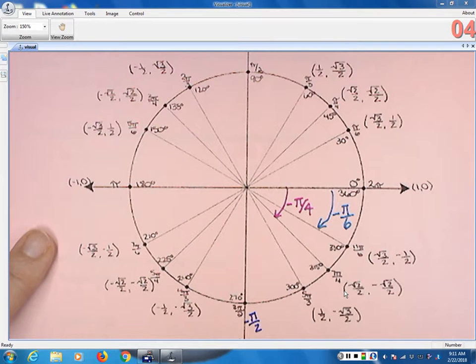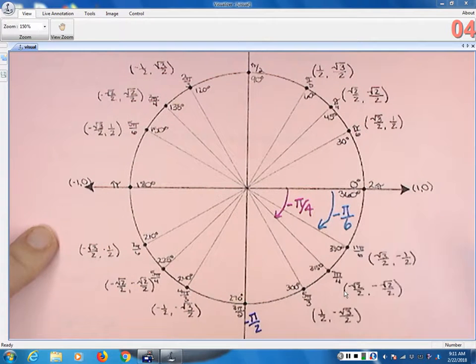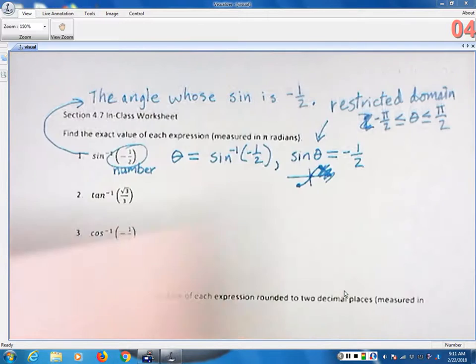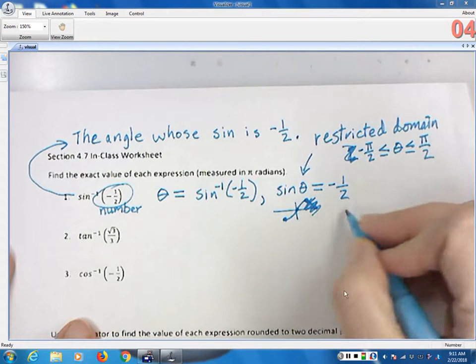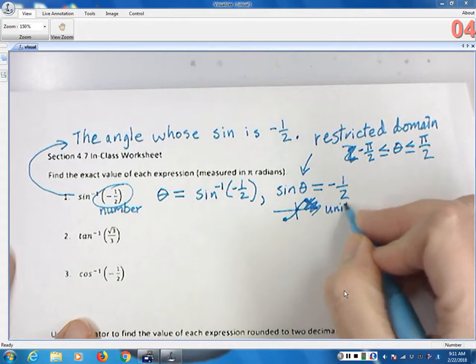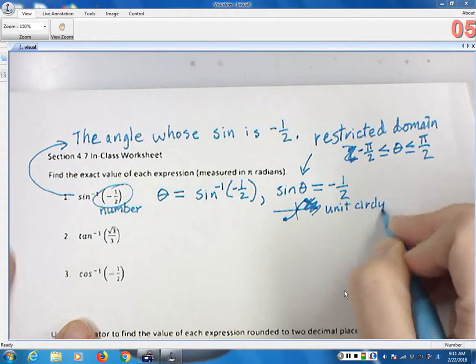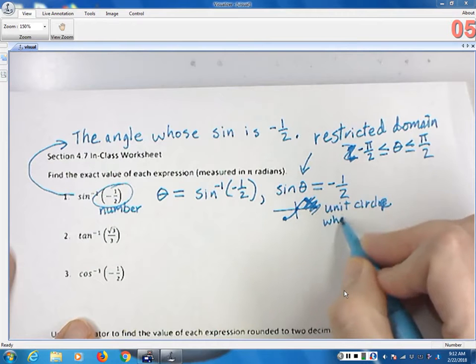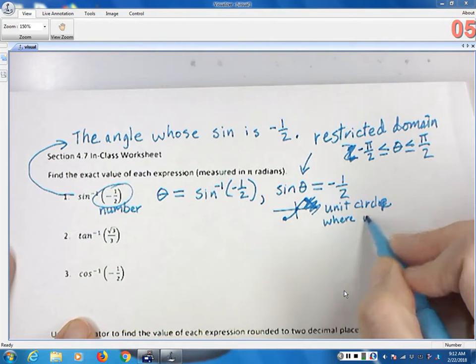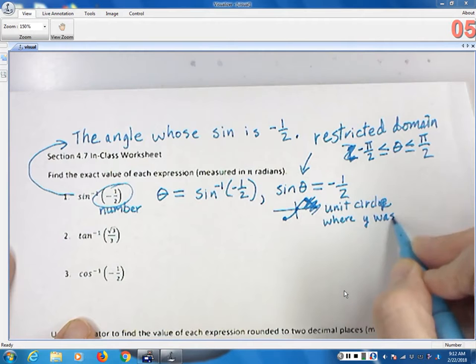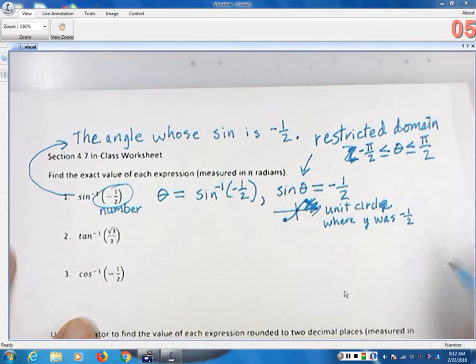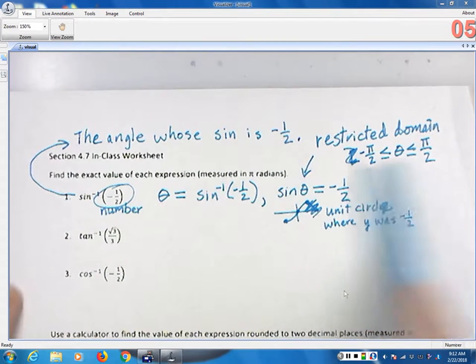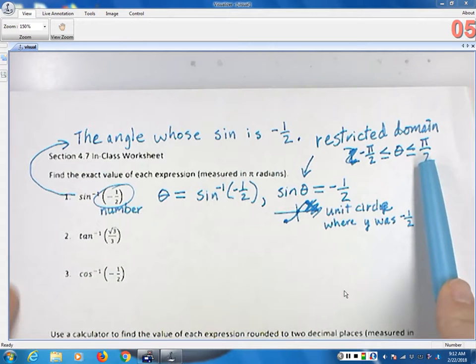Any questions? Does that make sense? A little bit? A little better? Okay. So we looked on the unit circle where between these angles the y was minus 1/2, and then we read the angle, but it had to be between these angles, so we couldn't use 11 pi over 6.